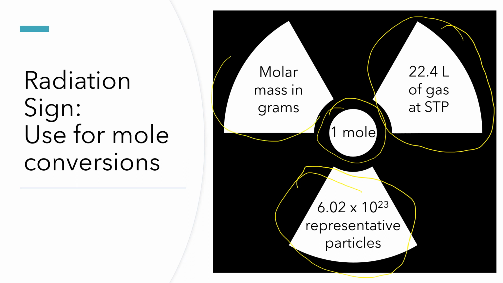Molar mass is the thing we calculate by going to the periodic table, looking up the mass of each element, and then multiplying that mass times the subscript on that element in the formula for the compound. So all 4 of these things are equivalent to one another, and we can use that as the basis for our mole conversions.